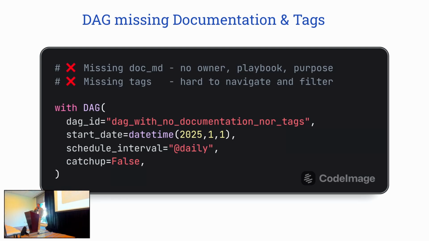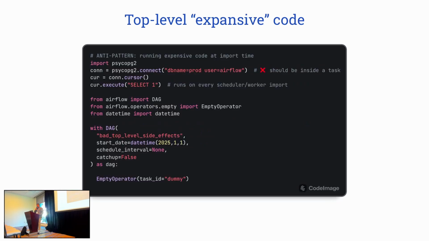And if the DAG is not documented properly, then we don't know who owns the DAG, what the playbook is to run it manually or to handle any issues, and basically what the purpose of it is. So this is also something we wanted to avoid at all costs in our production instance.